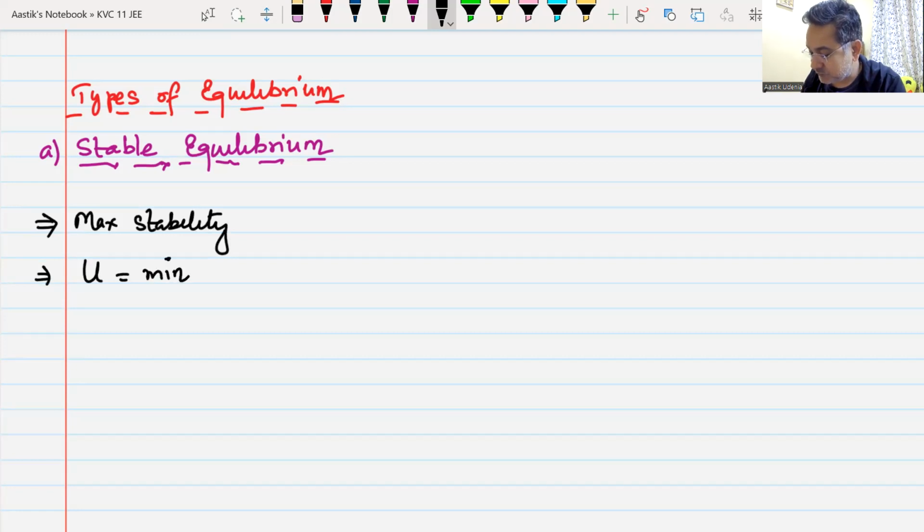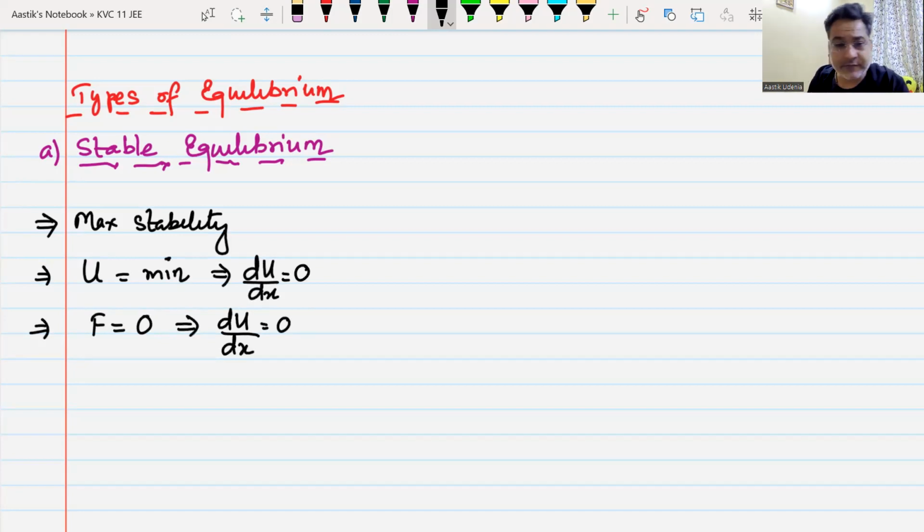What else? Force is zero, sir. Force is zero. That implies du by dx is zero. Potential energy is minimum. That also implies du by dx is zero. Both mean the same thing.